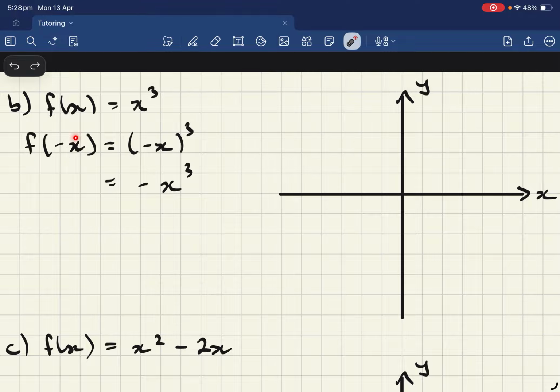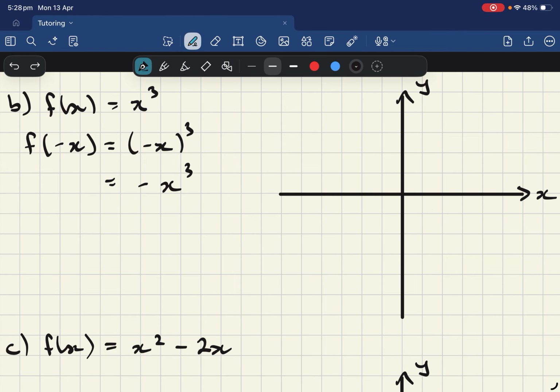So f of negative x is not the same as f of x, but we can see that this negative in front, if I were to write negative f of x, this would be x cubed with a negative in front of it. So we can say that f of negative x equals negative f of x.